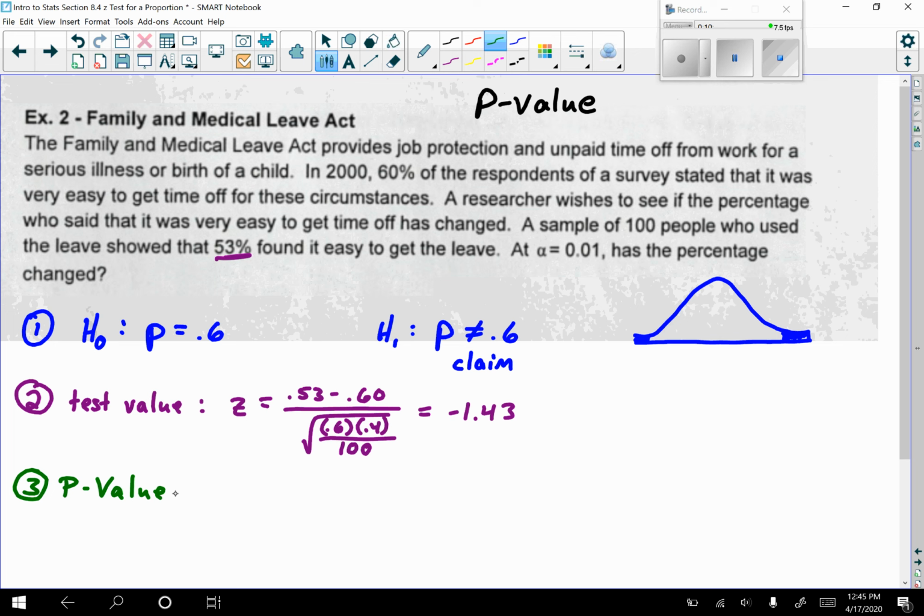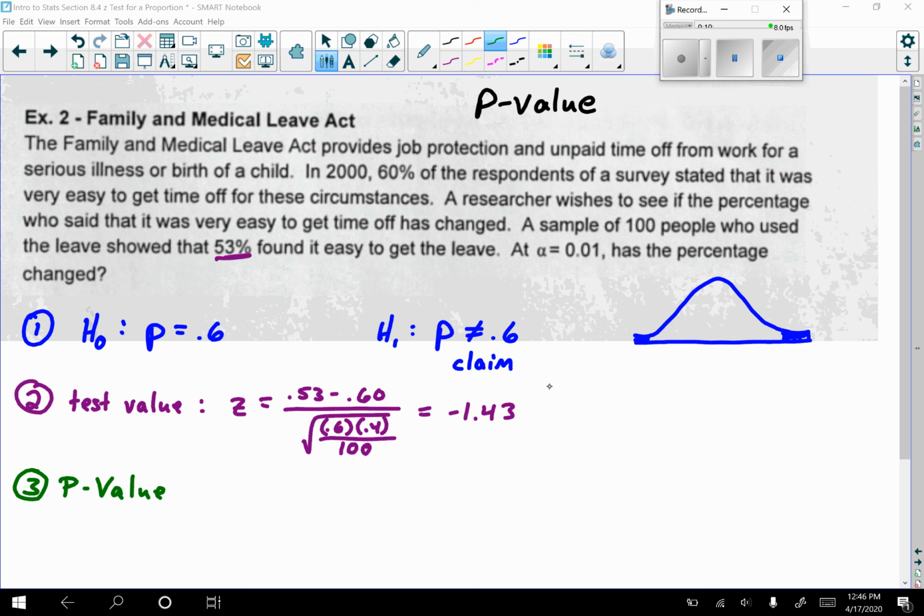So when you go to menu 552, we're looking at a test value of negative 1.43, so that is going to be our upper bound. You're going to use negative infinity, or whatever's already there by default, as the lower bound, and then type in negative 1.43 as the upper bound.